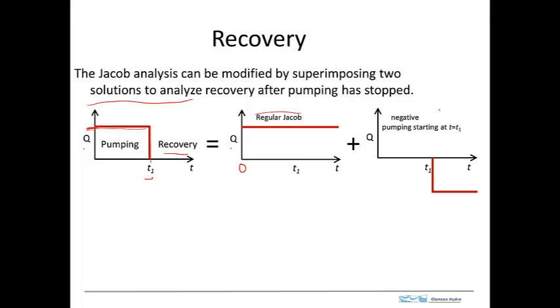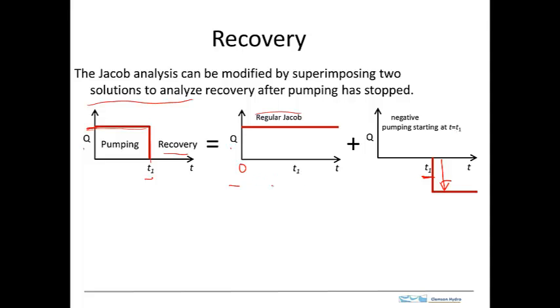So what we do then is generate another analysis, done with the Jacob analysis, but instead of starting at time equals 0, we start at time t1. And instead of a positive pumping rate, we have a negative pumping rate equal in magnitude to the positive pumping rate. I'll show you how to describe this with the Jacob analysis in just a second, but the interesting thing is how this works conceptually.